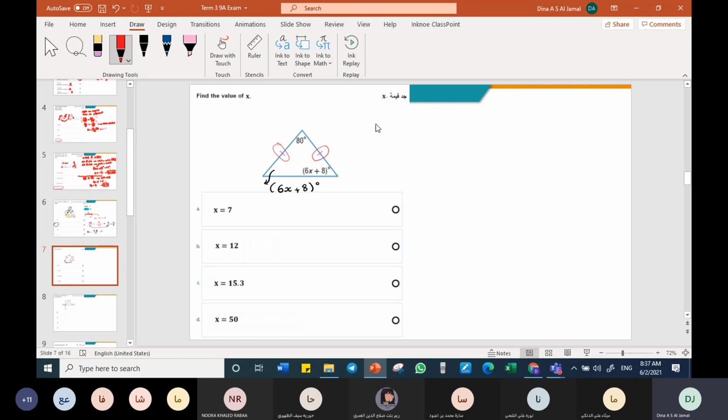So let me remind you of this. Can you repeat your answer? 180. Excellent. So let me call them A, B, C. That means if you added the measure of angle A to the measure of angle B to the measure of angle C, equal to 180. Excellent. What if you are having angle B and C congruent?